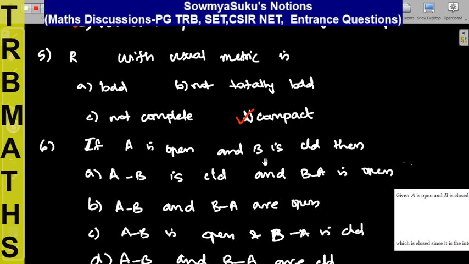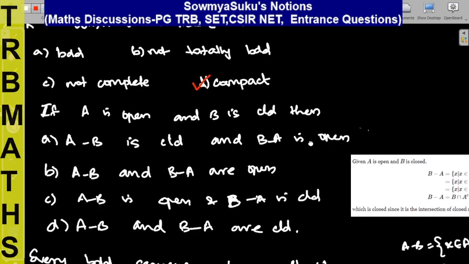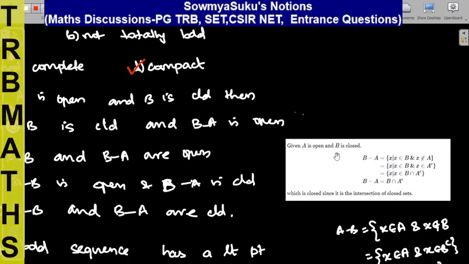If A is open and B is closed, then A difference B is open or closed, or B difference A is open or closed. Let's see that. So first of all, here A is open and B is closed.